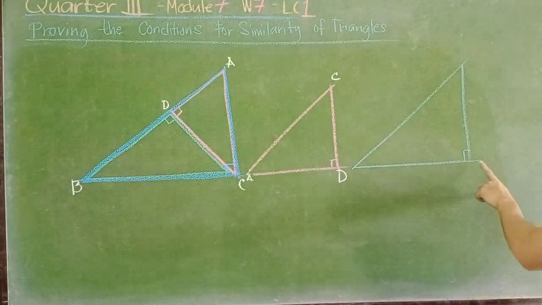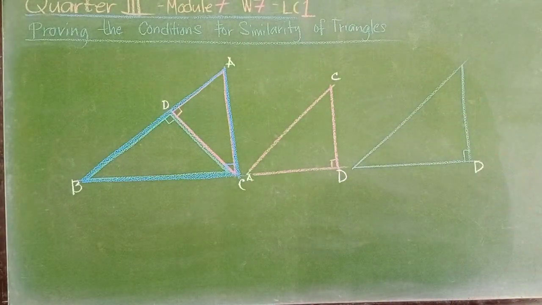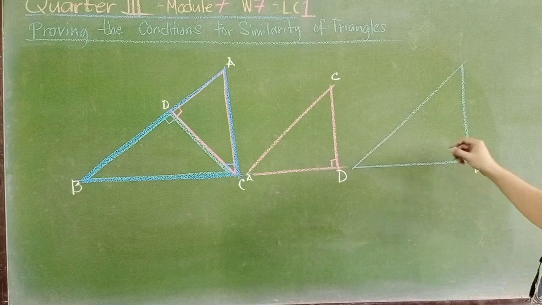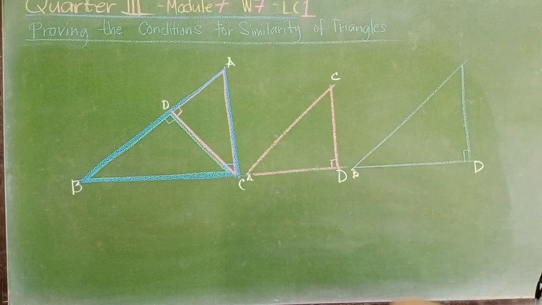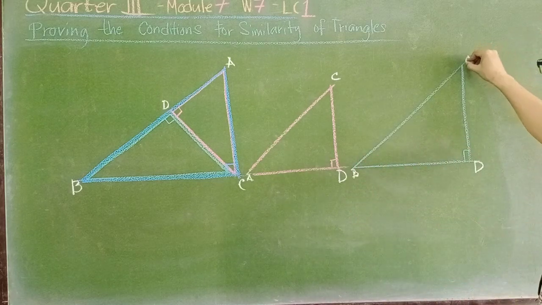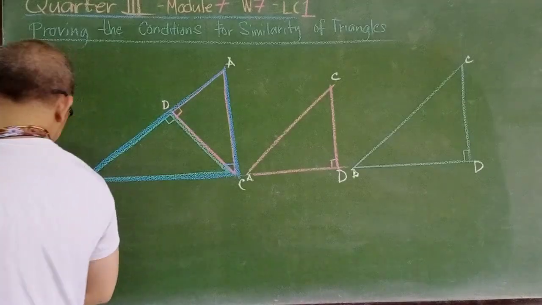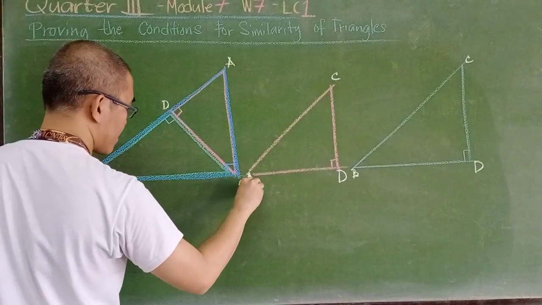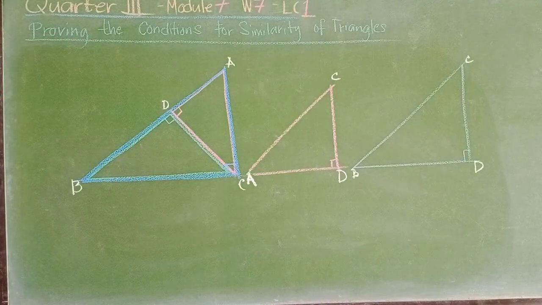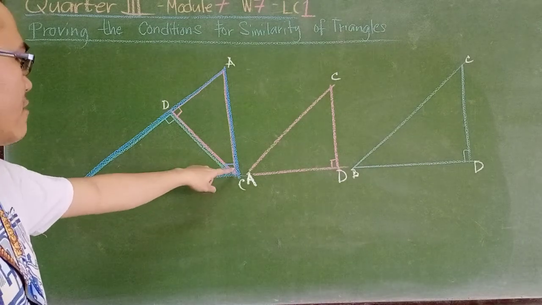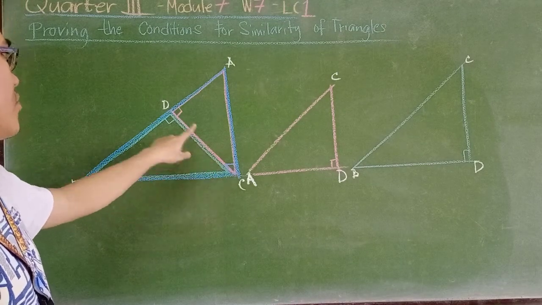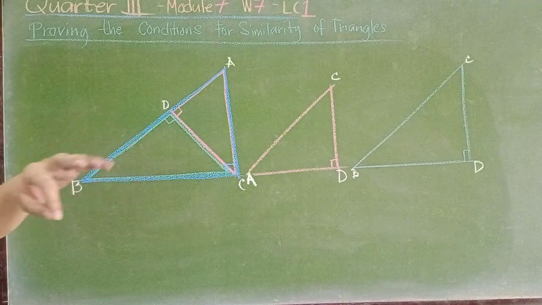And then in this case, this will be letter D, and then this is letter B, and then this is letter C. Ganyan. So dahil lang doon sa pagguhit mo ng line from the right angle papunta sa hypotenuse, makakabuo ka ng tatlong similar triangles.